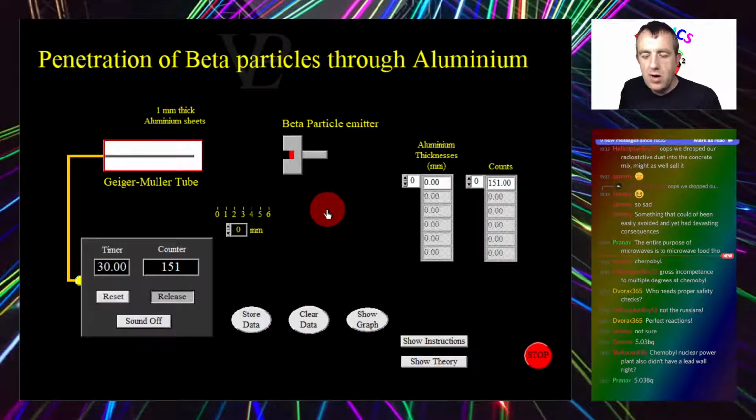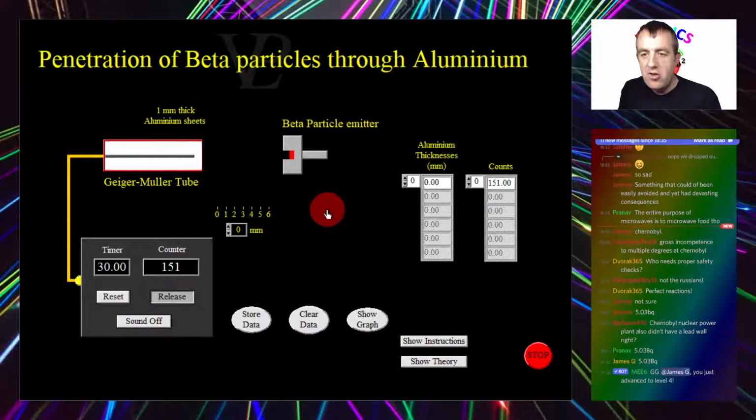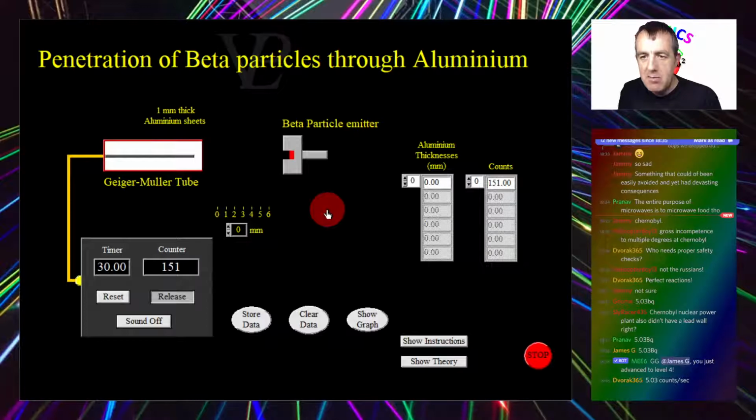So 151 divided by 30, which, as Pranav and James and Gnome and Dvorak correctly said, is 5.03, and they've got the unit, although Gnome's unit is incorrect, but Dvorak, James, and Pranav have got the correct unit, becquerels, counts per second.